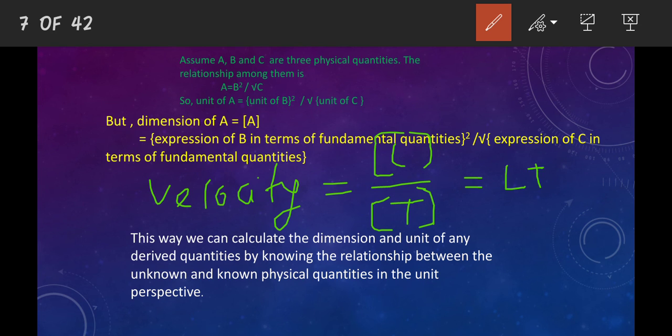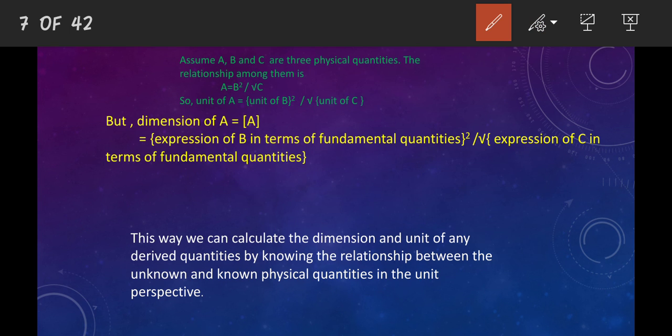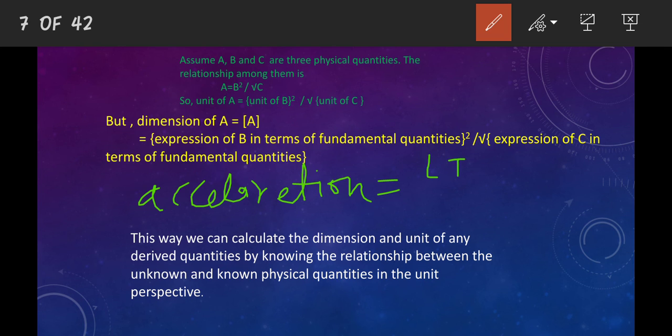So LT minus 1 is the dimension of velocity. And for acceleration, it is change in velocity, that means the dimension of velocity by time. So that is LT to the power minus 1 by time, and it gives LT to the power minus 2 in third bracket.